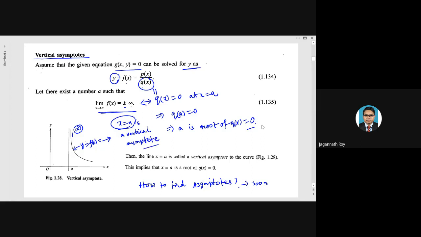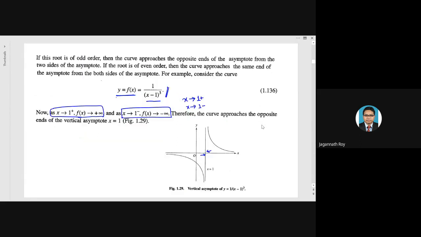So this is from the definition. Later we'll see the technical way, a systematic method to find asymptotes. From the definition, we get that the curves approach from the opposite ends at x equals 1.